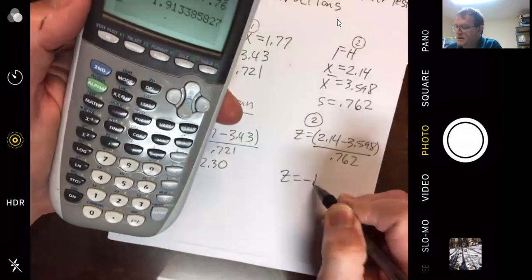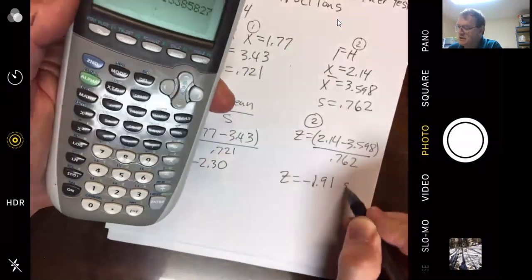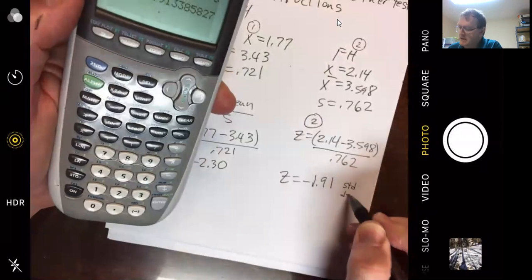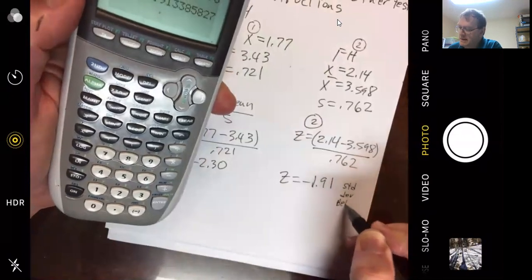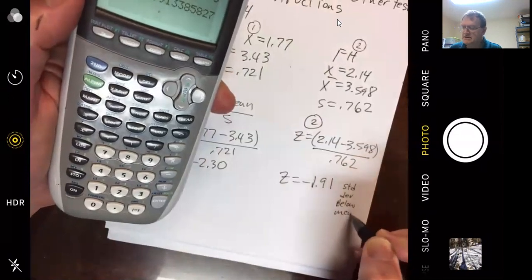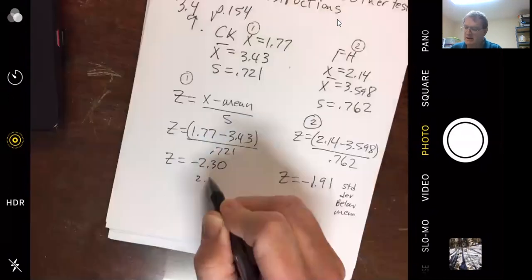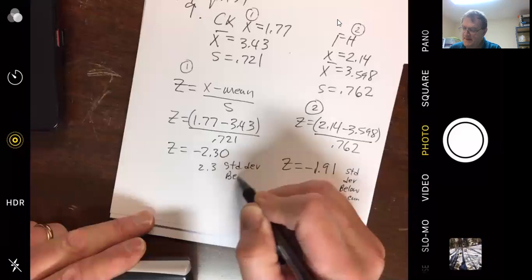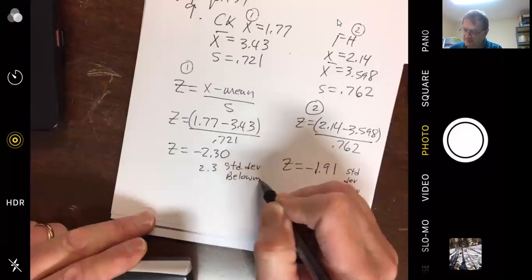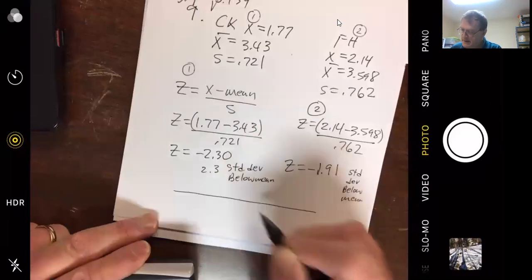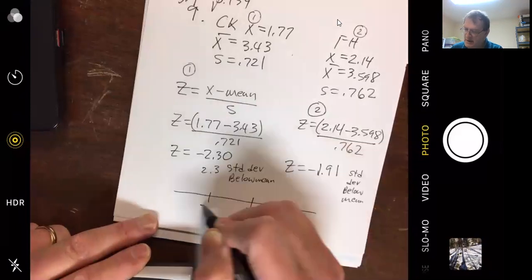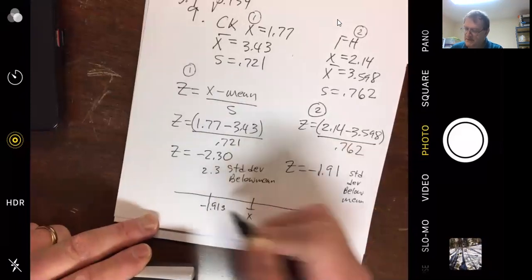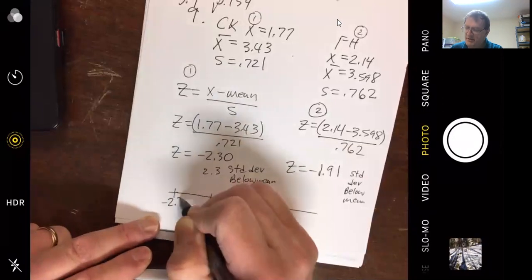Negative 1.91 standard deviations below the mean. Kershaw is 2.3 standard deviations below the mean. You'd come to negative 1.91 before you'd come to negative 2.3.